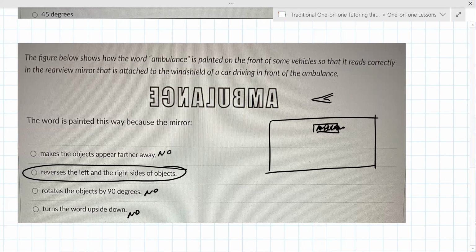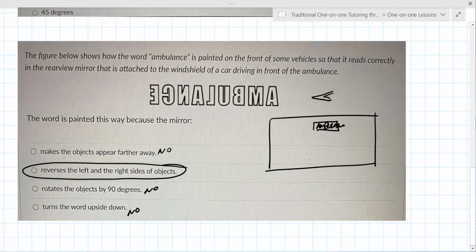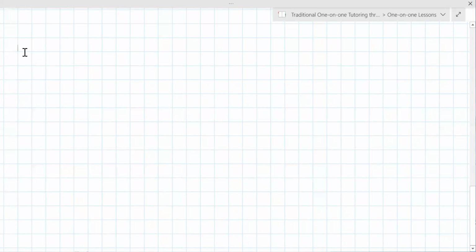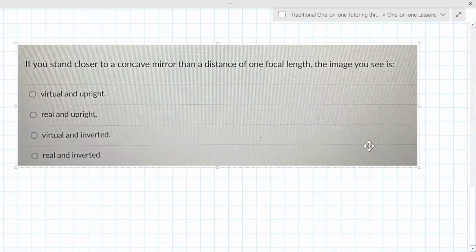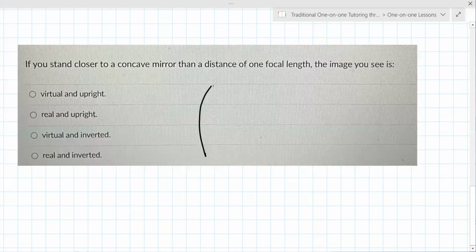Okay. All right. So next question here. You're moving into this part of the course where, when you look into mirrors, depending on the style of mirror, you have both real and virtual images, and upside down and not upside down. It depends on whether the mirror is this type of mirror or this type of mirror.